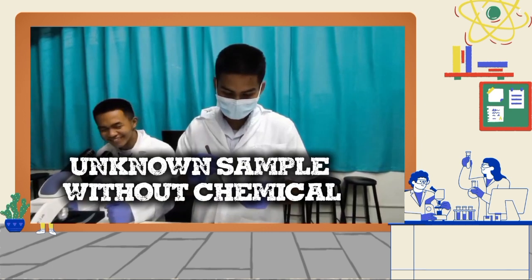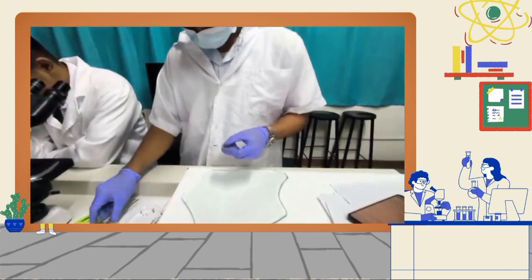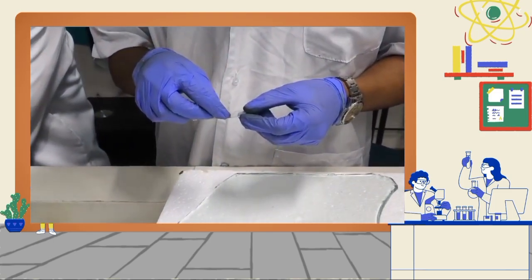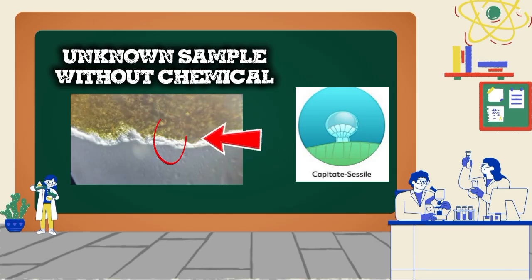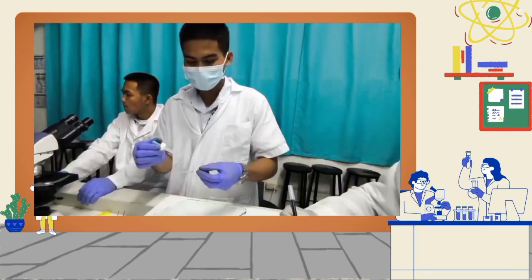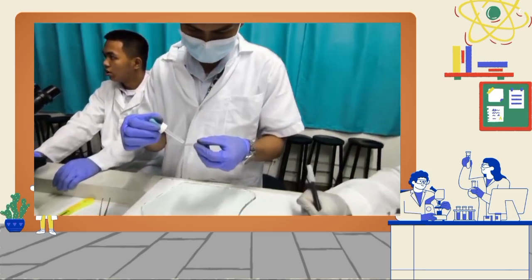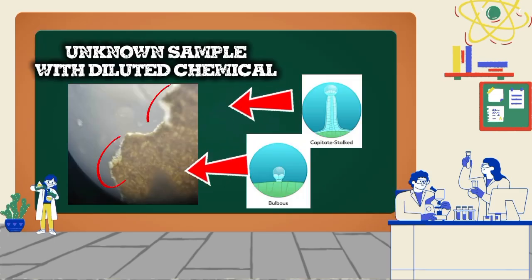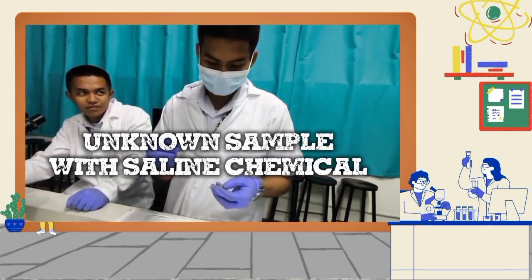Next is the unknown specimen without chemical. Sample with diluted chemical. The unknown sample with saline chemical.